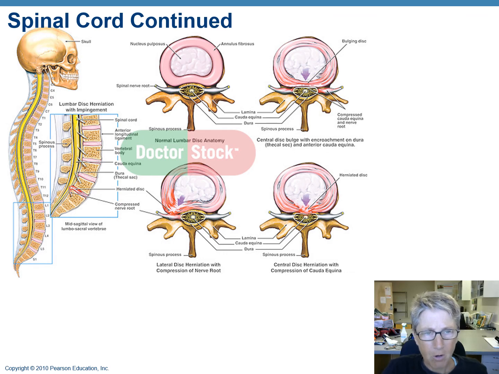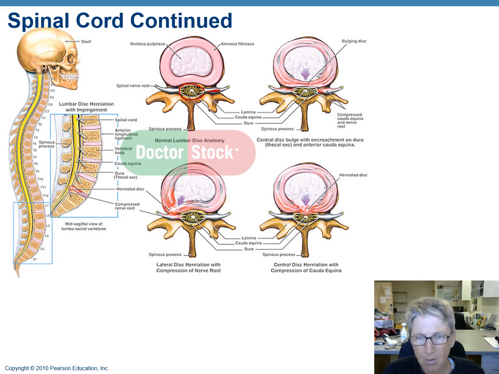So this is a cartoon that shows the different types of herniations and bulges of a disc. So here's the spinal cord. Here's the nerves coming out of the spinal cord, a normal or uninjured spinal cord. And then you could have the disc.